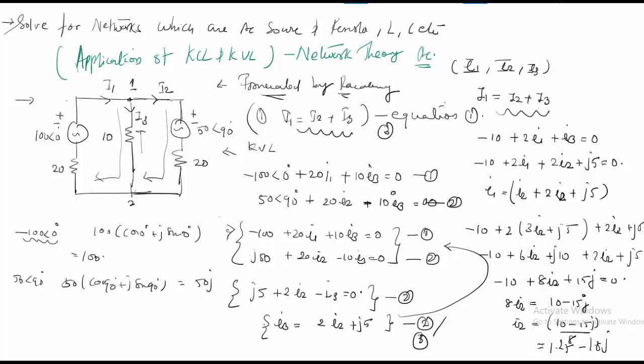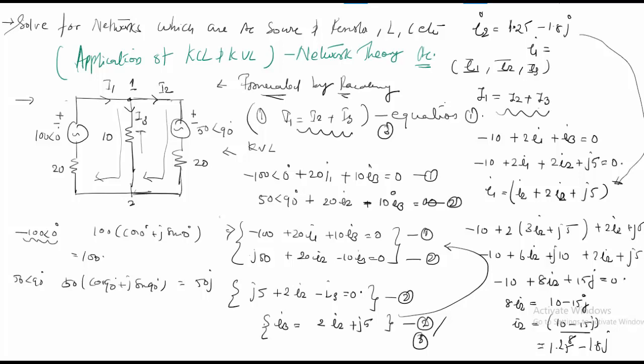So I have got my first variable, which is I2, equal to 1.25 minus 1.8j. Now if I am substituting this same thing in this equation, I will get my I1, and this is the value of I3.